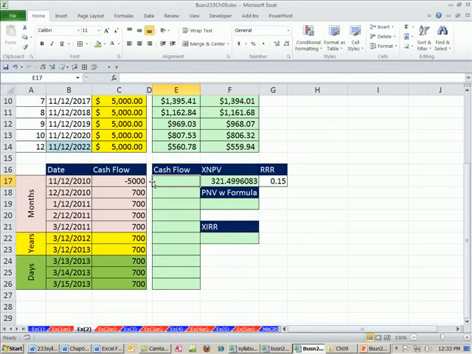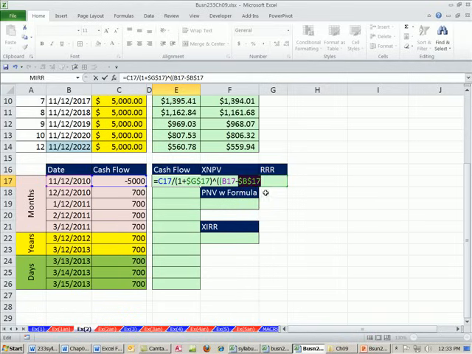There we have it. The long way: equals, and we'll take the present value of this divided by 1 plus our discount rate, F4, caret, and then we take this date minus this, the later date minus the earlier date. So I'm going to lock the earlier date, because as we go down, we want the first bigger date to move relatively. Close parentheses, divided by 365.